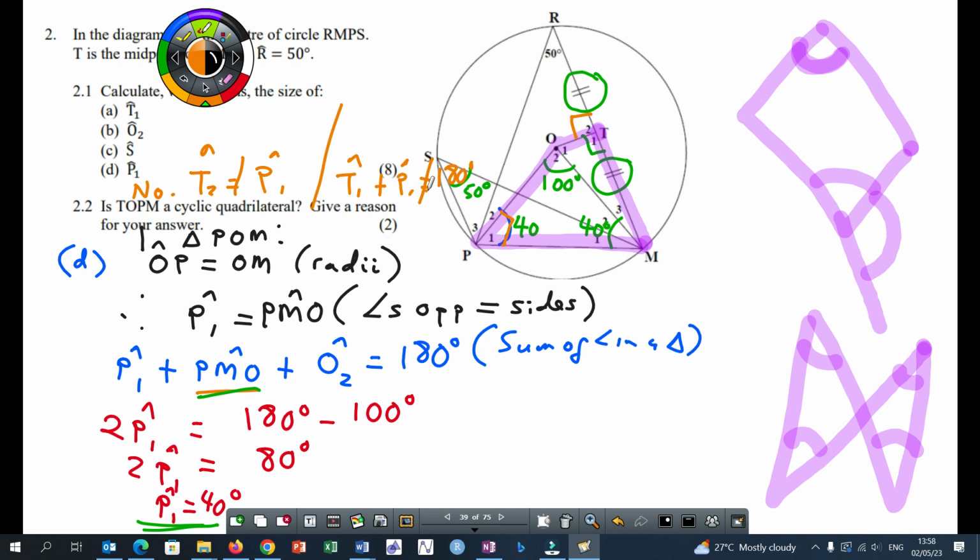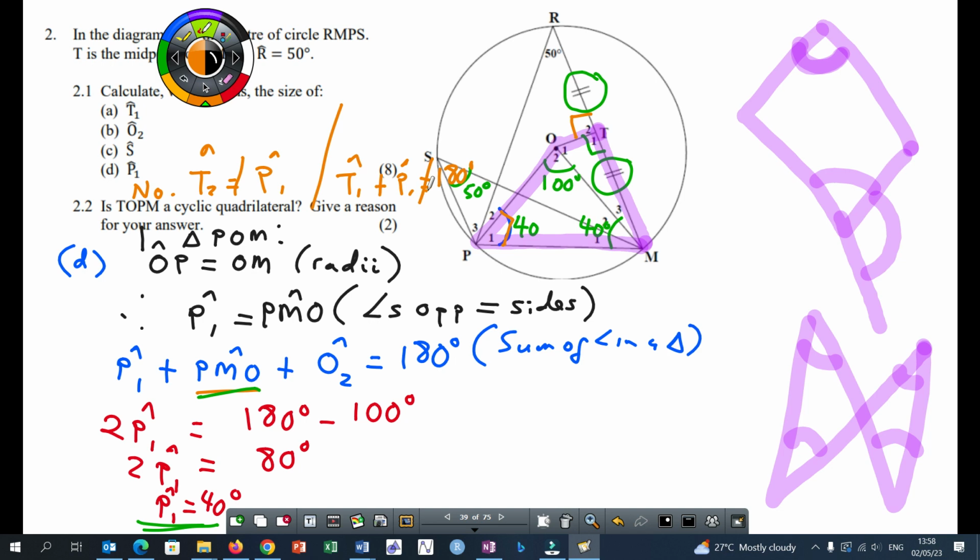So here, we are being asked, are the following points T, O, P, and M cyclic? Are they cyclic? The answer is no. Why are they not cyclic? Because this exterior angle of the cyclic quadrilateral is not equal to P1.